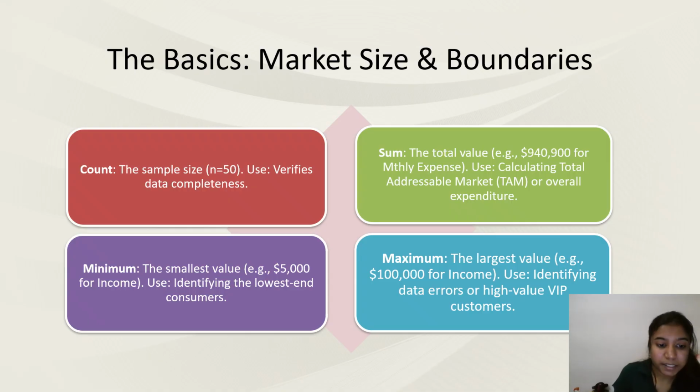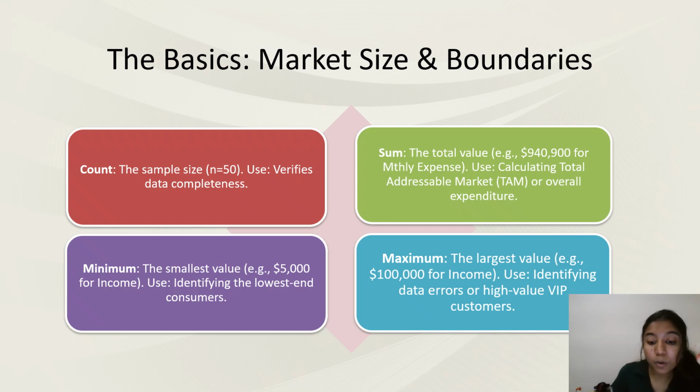Now the most basic yet essential stats, which are count, sum, minimum and maximum. So the count of our sample is 50. We have 50 rows in our Excel, which confirms the size of our sample.